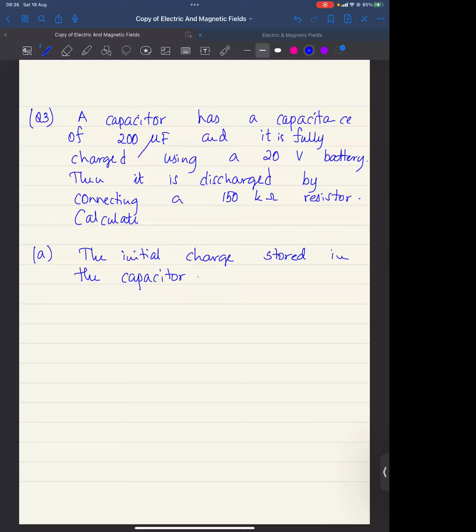Part A, the initial charge stored in the capacitor.